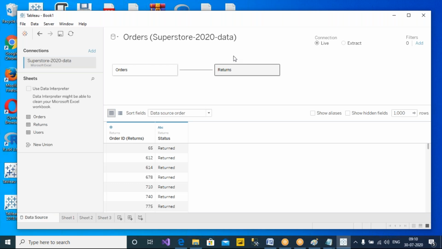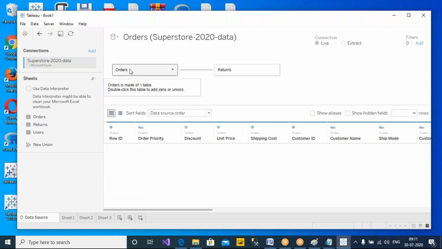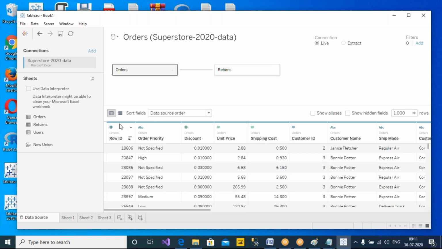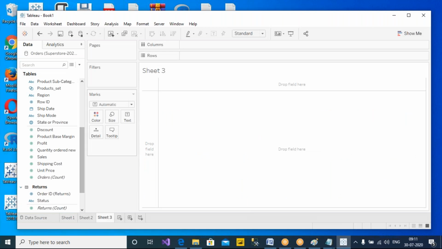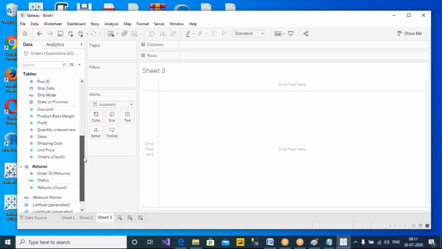If you drag the second table and click on it, it shows what is there in that table. And there is no join working here. There's nothing called a join here. But if this is the case and I go to sheet 3, what happens? How does it look? There is no join.